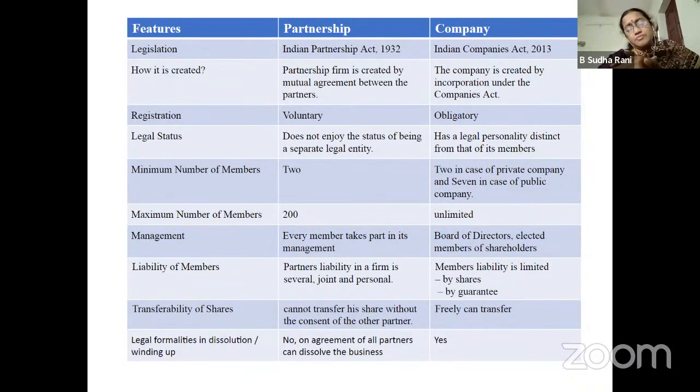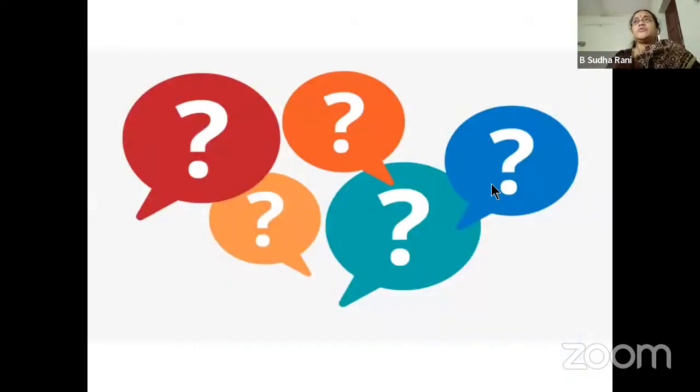Joint stock companies involve so many legal formalities to get dissolved, but the partnership firm does not require that many formalities. Understood? Even if they want to go for registration, a simple method is enough. But for the joint stock company, it involves a long process, which is incorporation of the company. Any questions?